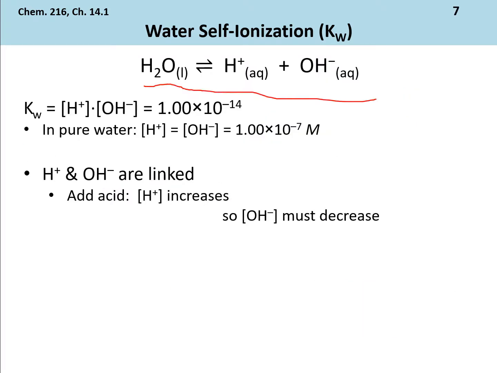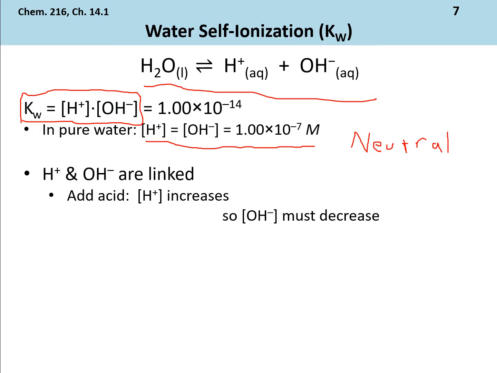We have this water self-ionization, this reaction right here. And we are told that in pure water, H plus and OH minus each equal 1 times 10 to the negative 7. Pure water is what we call neutral. Neutral means I have equal amounts of H plus and OH minus.